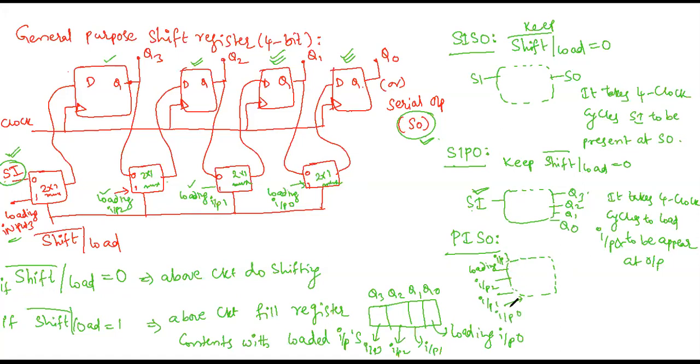Keep the loading inputs outside and only one serial out outside this block. Coming to the outputs, only the serial output you keep outside the block. Then it will act as parallel in, serial out.